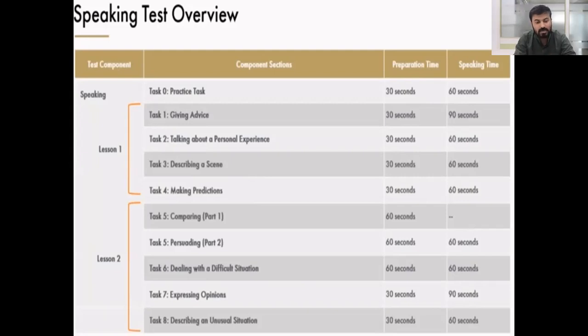Now, talking about task 6. Well, the topic is considered to be dealing with a difficult situation. So here also you will be given a particular situation or a circumstance for which you will have to prepare yourself for 60 seconds, and you'll also have to give a response for another 60 seconds.